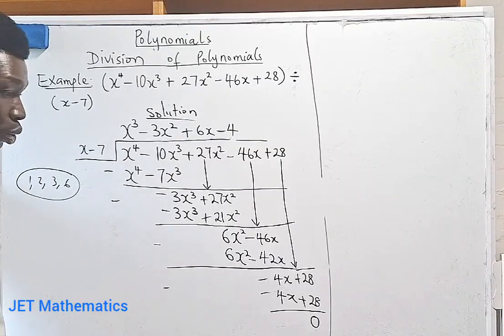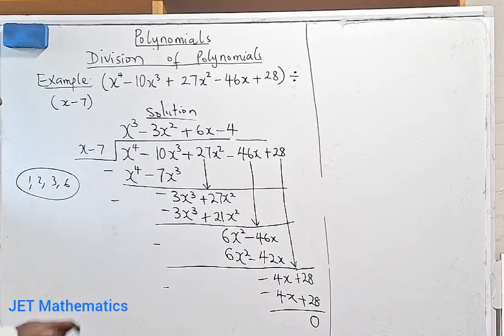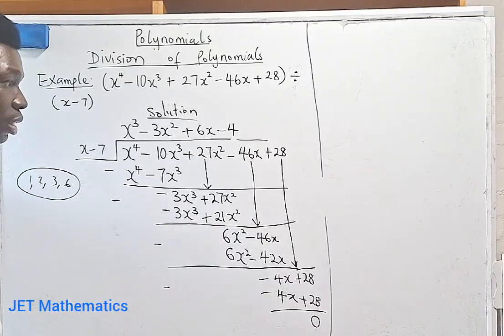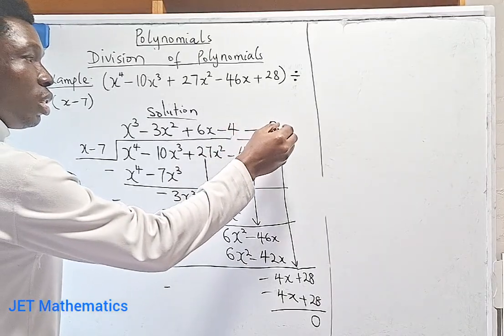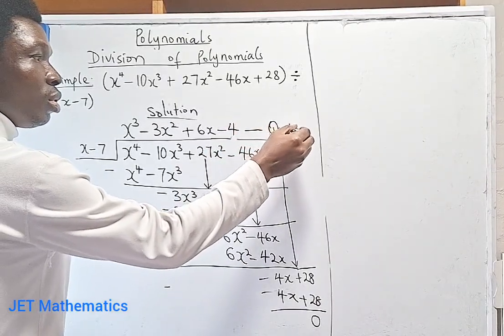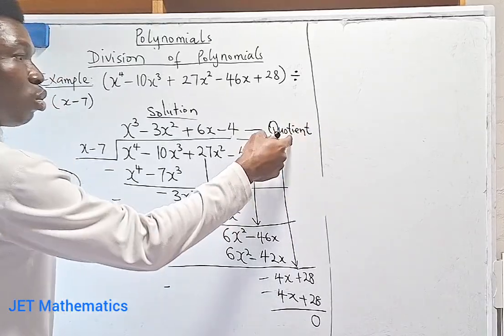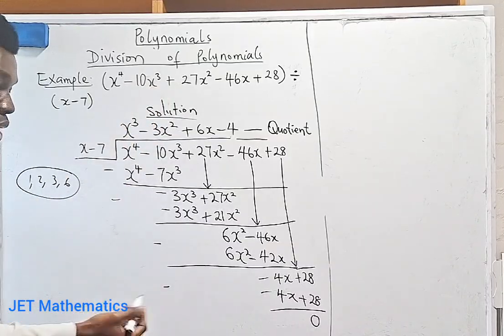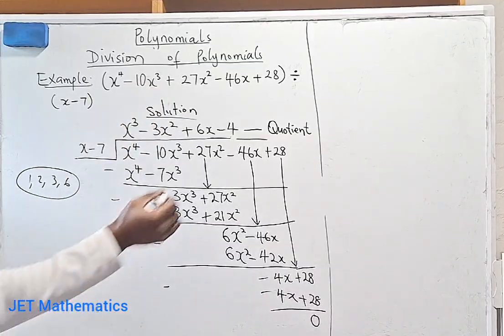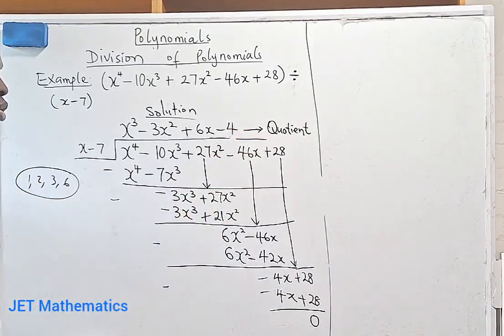All right, so before we go, I would like to label some things here. Now, this result we get is called the quotient. The quotient is the result we get from dividing two polynomials. So here is the quotient.